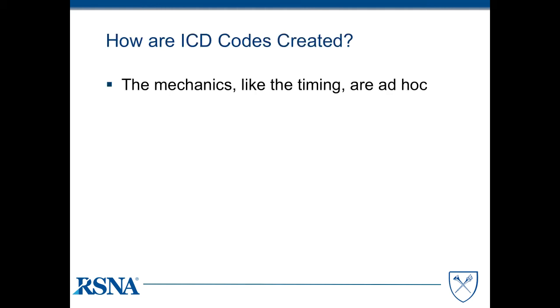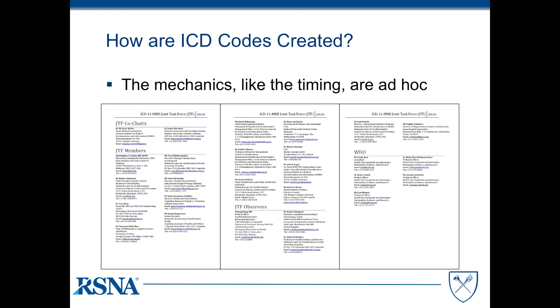In the last module, I shared with you a screenshot of the CPT editorial panel. They're all physicians and other qualified healthcare professionals in the United States, all appointed by the American Medical Association's Board of Trustees. And their focus is ensuring that services described in CPT are those that are in common practice in the United States. The composition of the ICD-11 Joint Task Force, as you see here, is quite different. First of all, being sponsored by the World Health Organization, it's an international body.